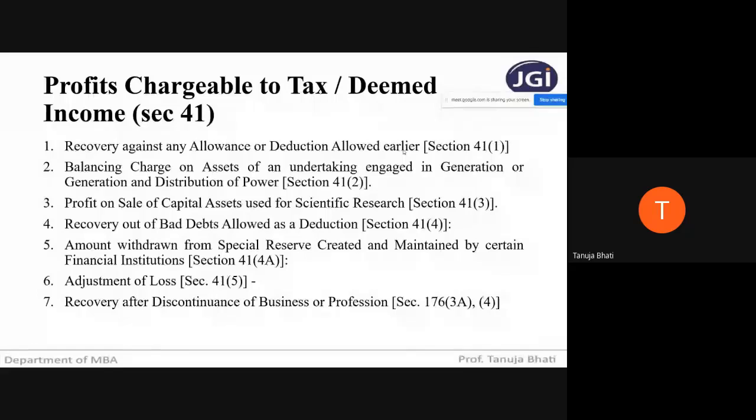If you have recovered that amount, it is going to be your deemed income, which you have to add at the last in order to get the exact profits and gains from business or profession.